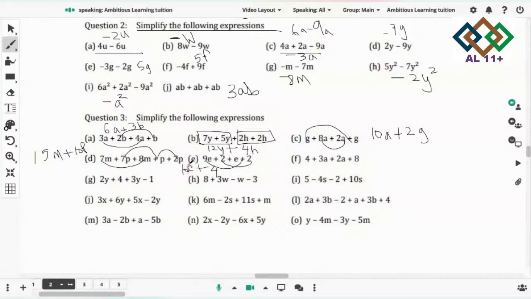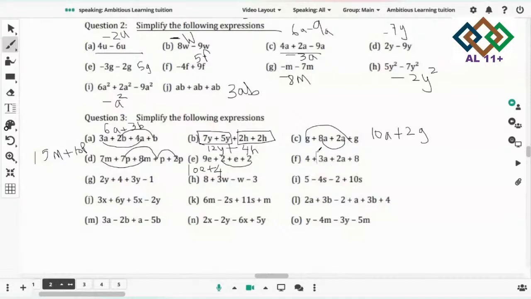So it's only 10E plus, let me just rub it out. It's looking so bad here. So the answer for this one is only 10E plus 4.